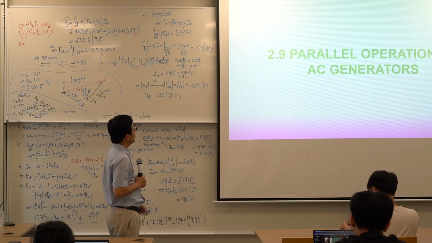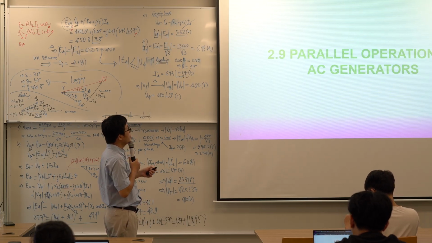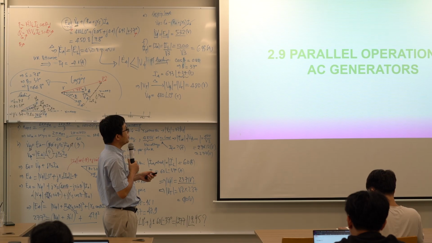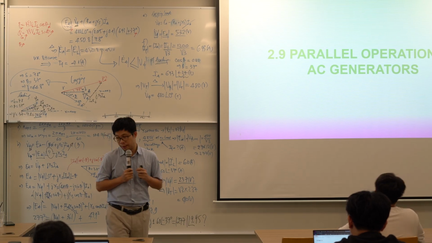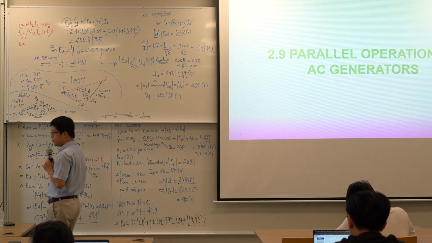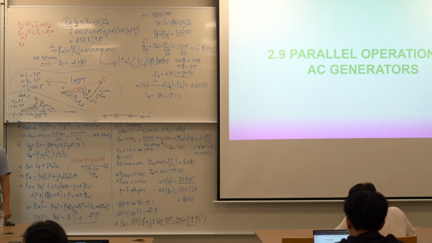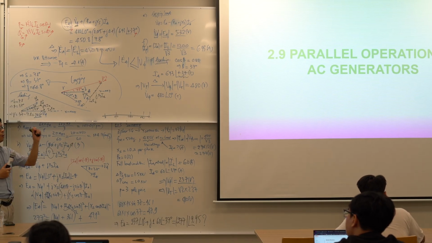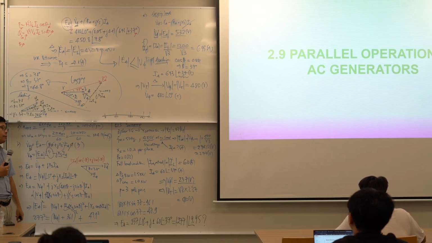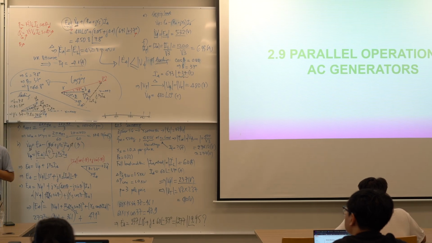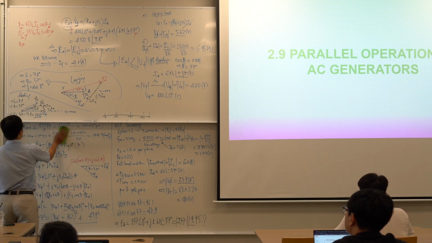We go to 2.9, where we discuss parallel operation of AC generators. That means we have many generators connected in parallel. Before, we had one generator, one load. Now we have many generators and many loads.